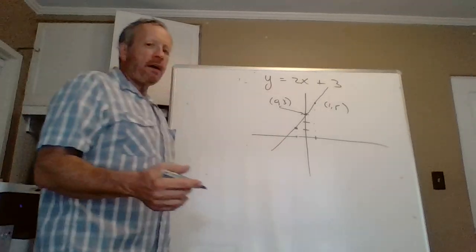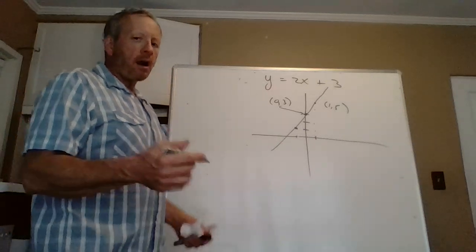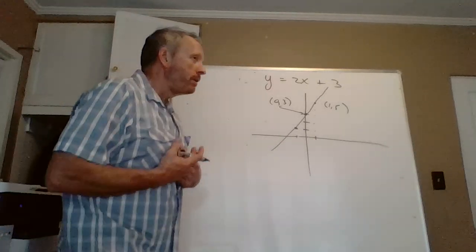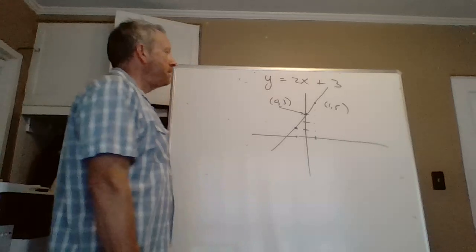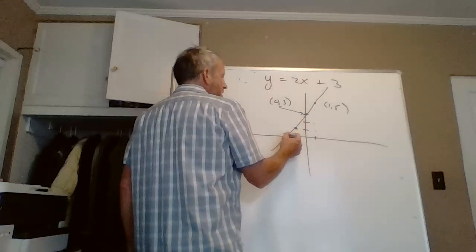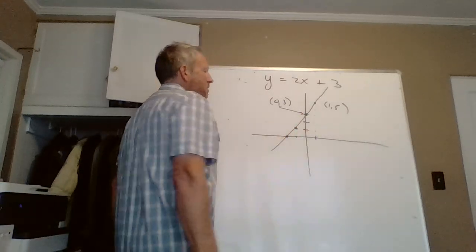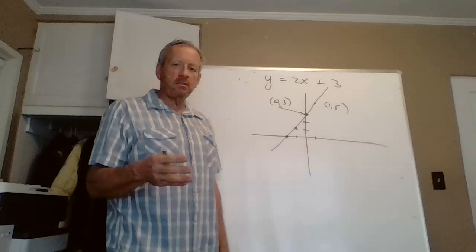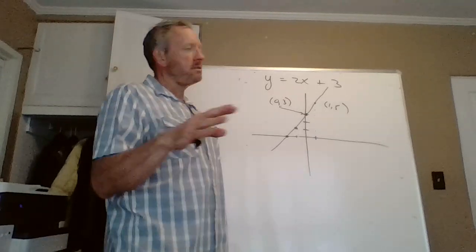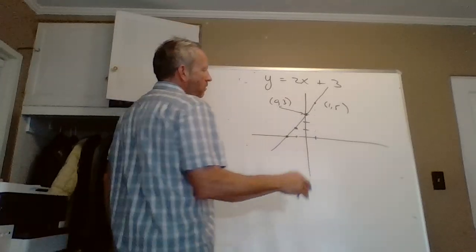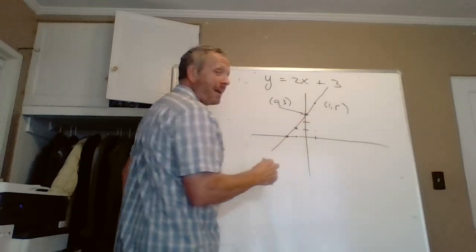Whenever we're looking at a graph, I'm going to be asking, or somebody's going to be asking you, what is the x-intercept and what is the y-intercept? So where does the graph cross the x-axis and where does the graph cross the y-axis? Well, how do you find where a graph crosses the y-axis? For any graph.